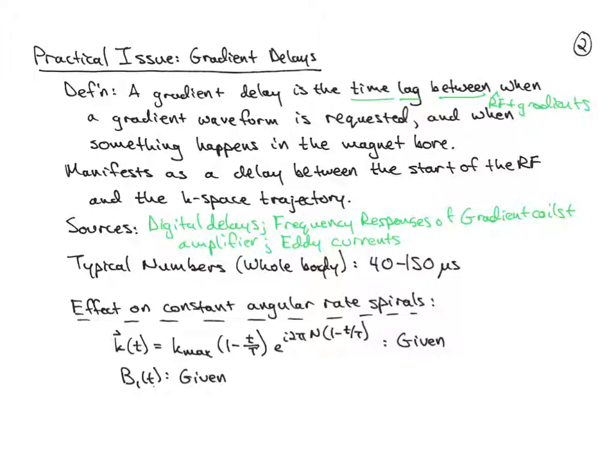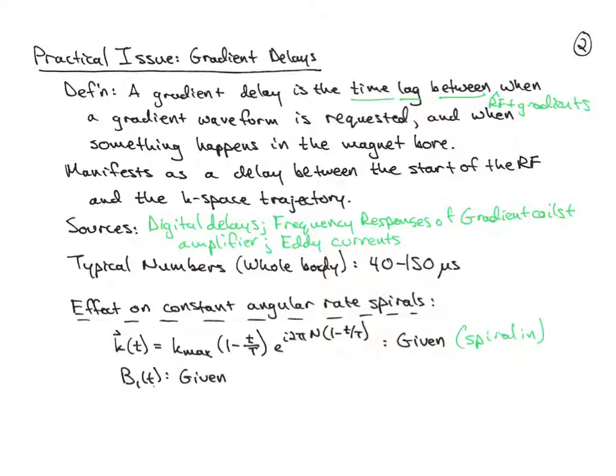So let's look at it in a little more detail analytically, on what a delay does to a constant angular rate spiral excitation. Here we're going to give an analytic expression for the spiral waveform, in that we have some Kmax we're going to reach. We start at 0 and we go out in time. This happens to be a spiral in waveform, right?